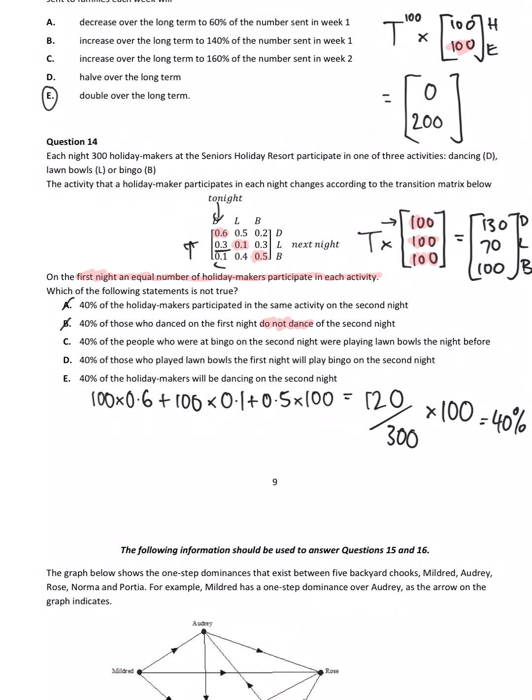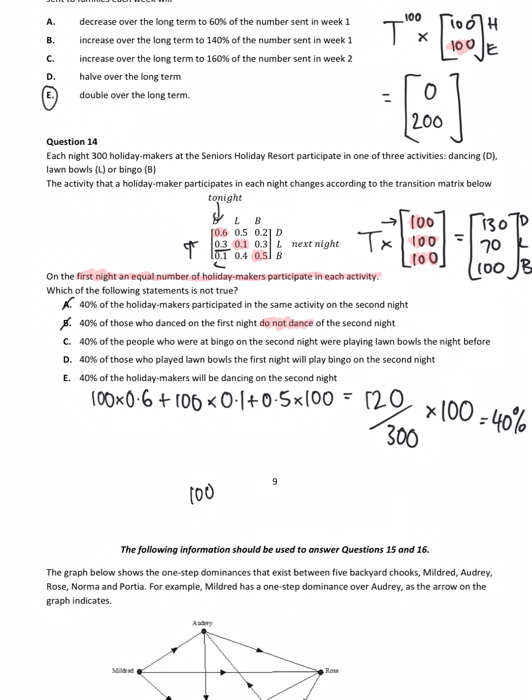Okay, C, 40% of those who were at bingo on the second night were playing lawn bowls the night before. All right, so if we look on the second night, the number of people who were playing lawn bowls, if we just move across, it was 100 people. What we want to know is whether 40% of those people who were at bingo on the second night were playing lawn bowls the night before.